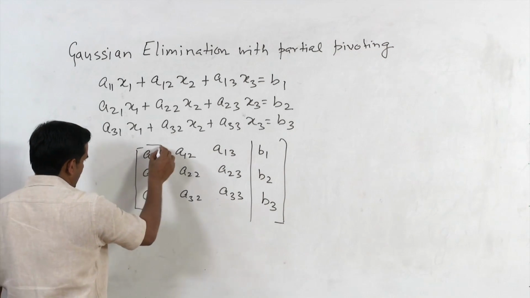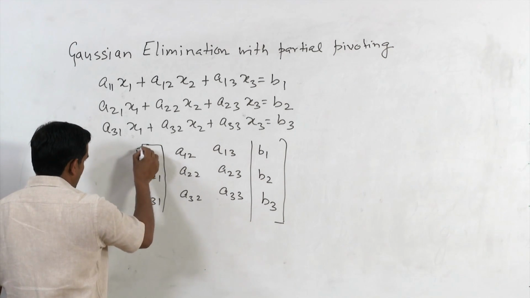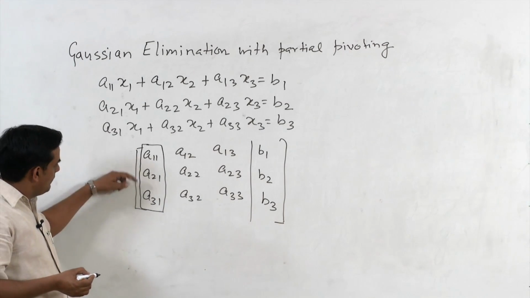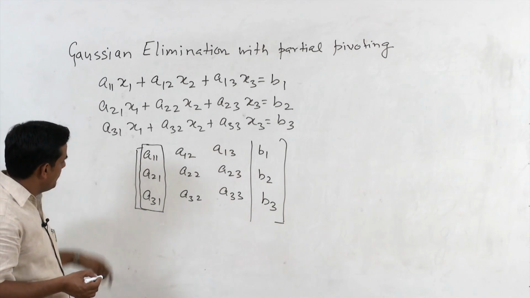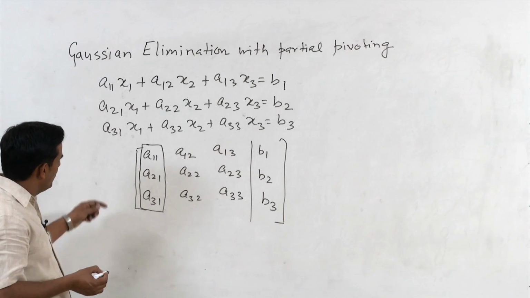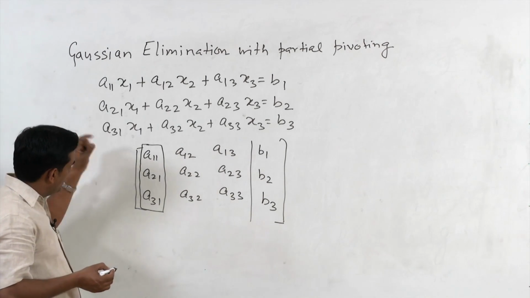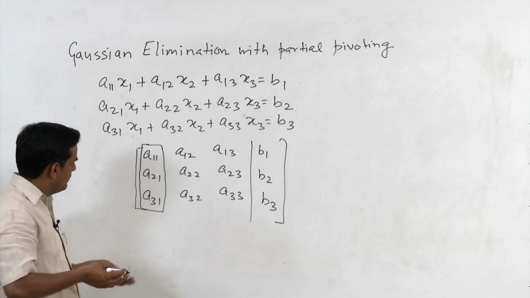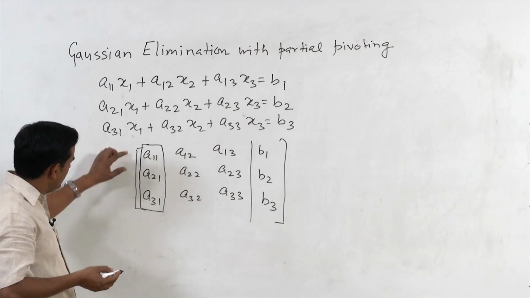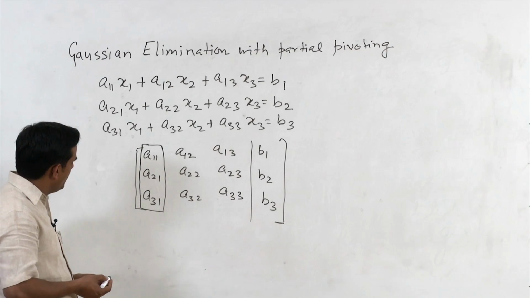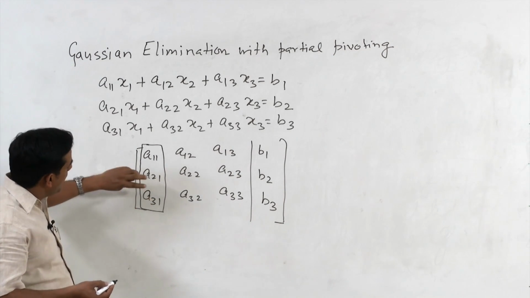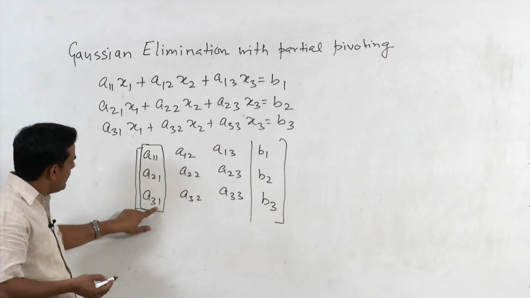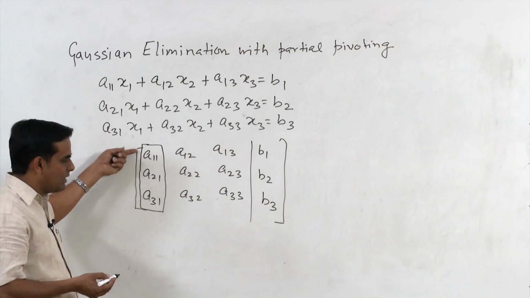So, I will look at these 3 elements from the first column and see which element has the maximum absolute value. If this is the element a11 I will not do any operation at this particular moment. If it is a21 I will interchange first and second equation. If it is a31 I will interchange third equation with first equation.